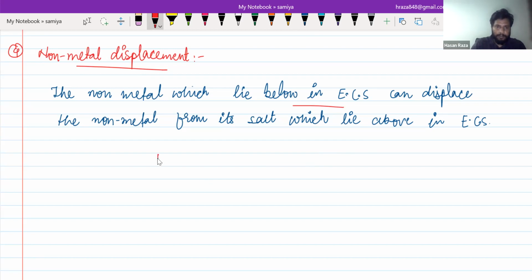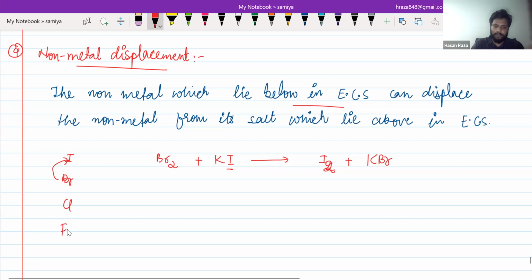For example, Br2 plus KI will easily displace I2. Bromine can easily displace iodine, but iodine cannot displace bromine. The series is iodine, bromine, chlorine, and then fluorine.